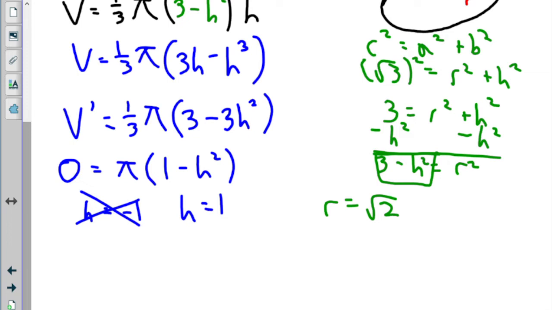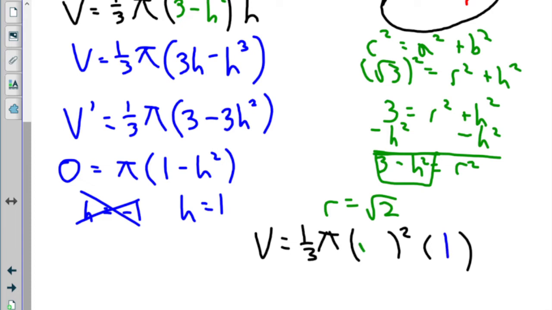And you can solve for that in this part of the formula, which will make the volume 1/3 pi times our radius squared times our height. Our height we decided was 1. Our radius we decided was square root of 2.